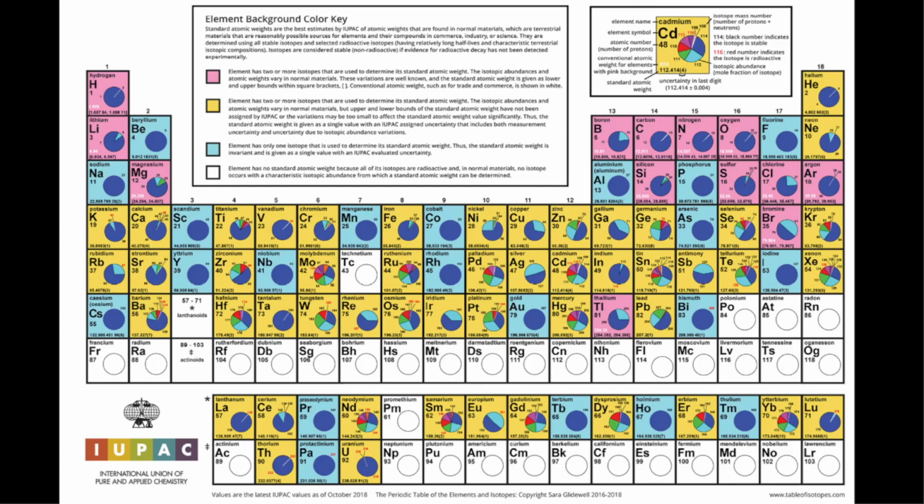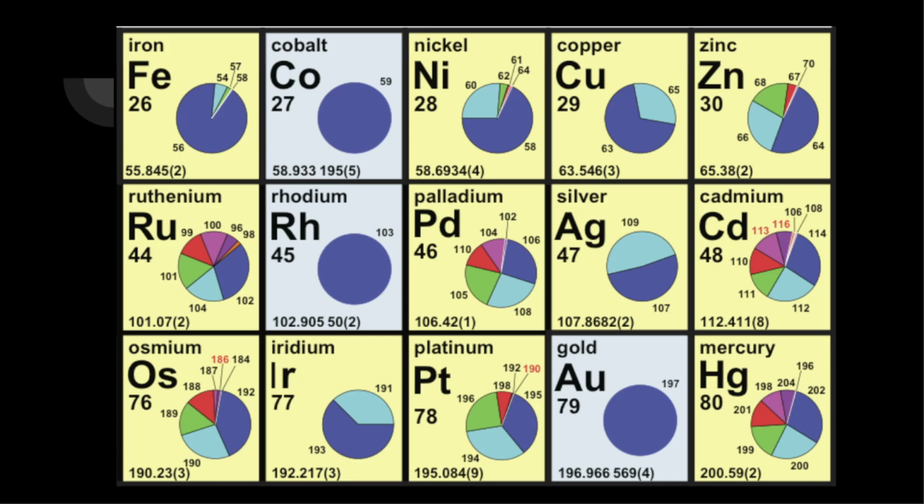Let's look at an example. Before we look at an example, let's look at this periodic table. So right here, there are a bunch of naturally occurring isotopes, and this periodic table pretty much gives you a summary of these isotopes and kind of explains why the atomic mass on the periodic table always has decimals. So right here we have different isotopes of iron.